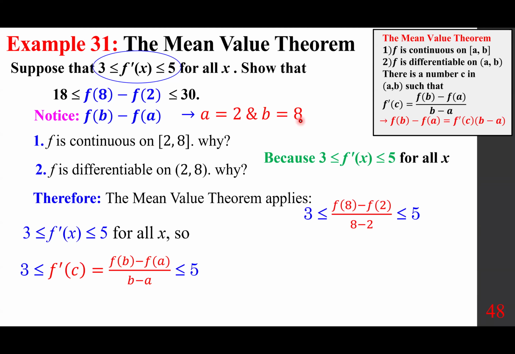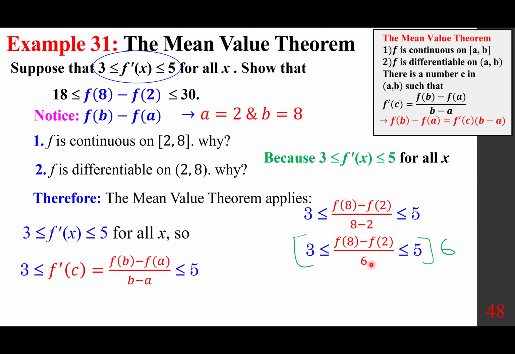When we do that, we get f of 8 minus f of 2 over 8 minus 2. What is 8 minus 2? 6. Let's multiply all sides by 6. So when we do that, this becomes 18.